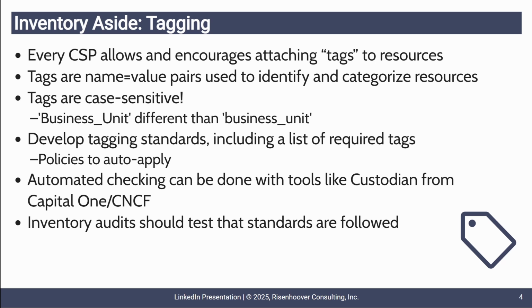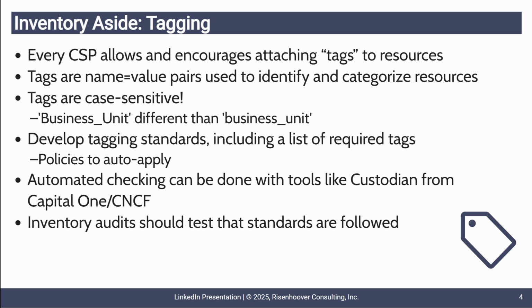So capital B, capital U business unit is different than the same thing with a lowercase b and u. That underscore in the middle matters because all of that is part of the tag name. Because of this, the organization should really develop tagging standards, a policy that says what sorts of tags we're going to have, and standards that say how you're going to handle things like naming and capitalization in those tags.